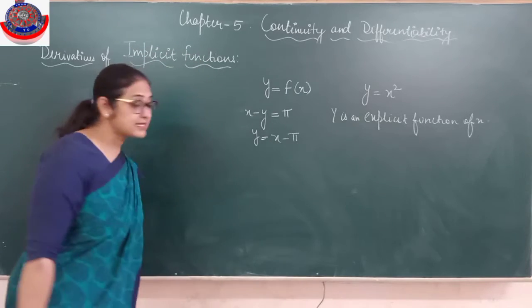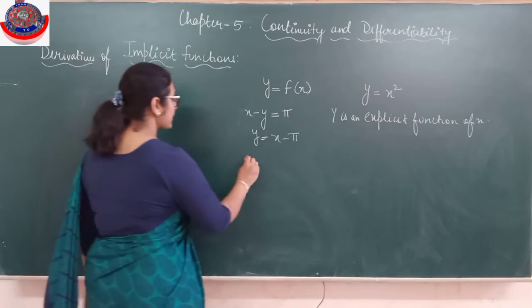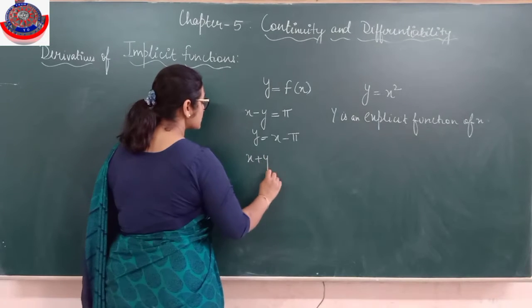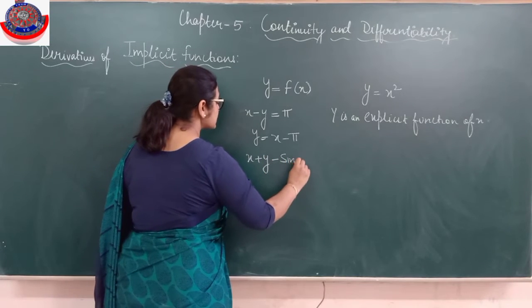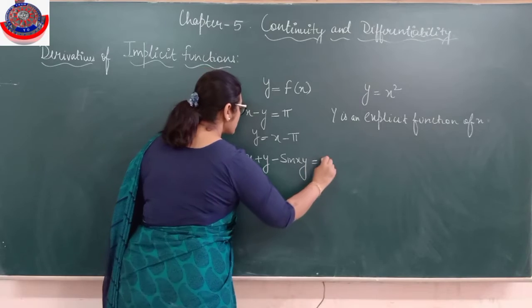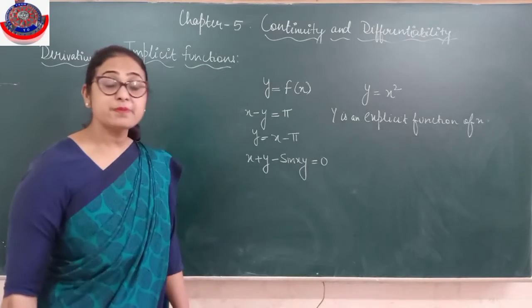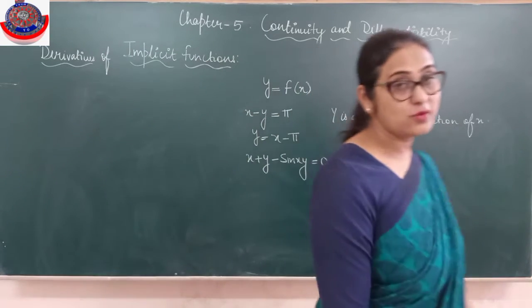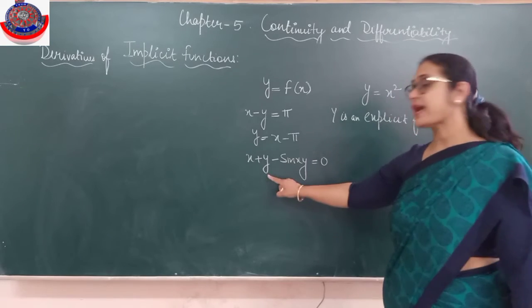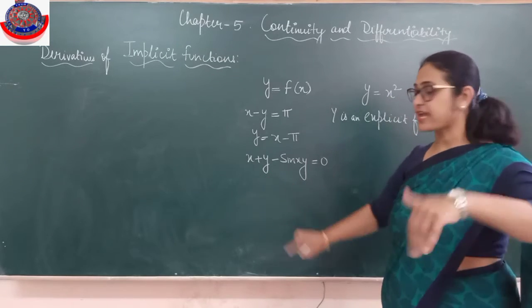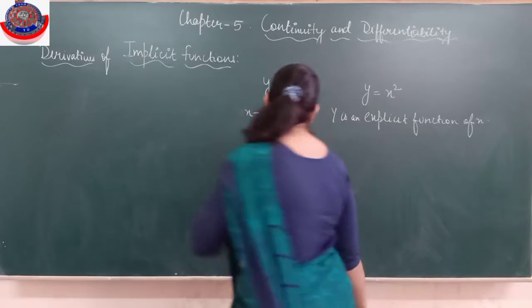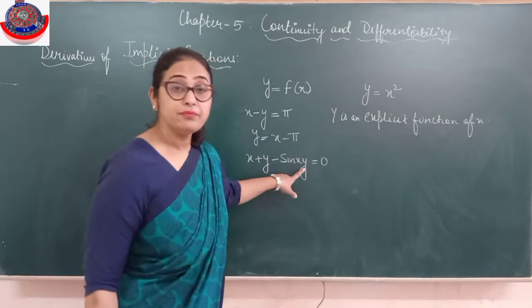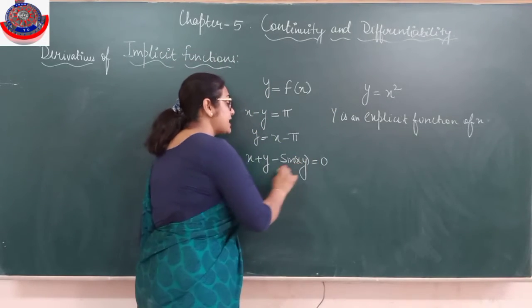Let's talk about one example. If I say x plus y minus sine xy is equal to 0. Now see, this y can be differentiated, means it can be taken on one side. But here sine's angle, this is sine xy, this is the angle of sine.